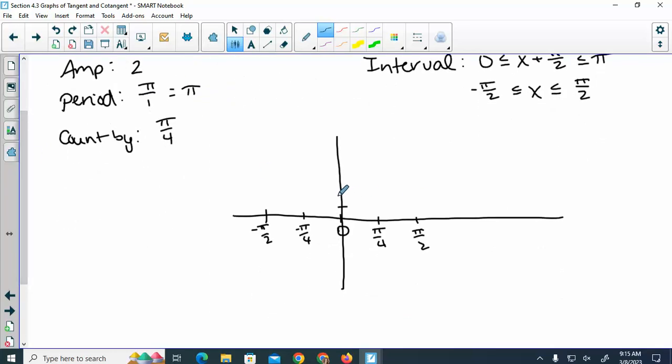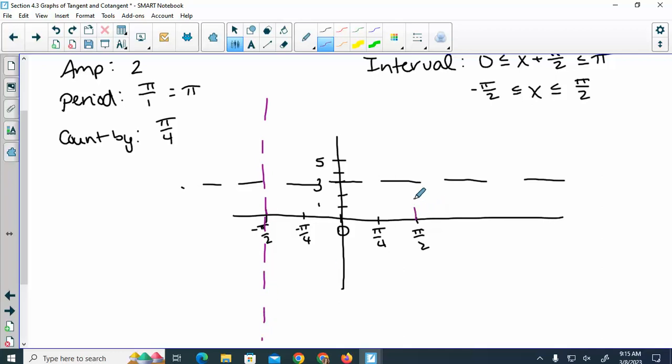So I'm going to go to positive 3. Draw in that dashed line to show my center. So we'll go 2 above that, which will take you to 5, and 2 below it will take you to 1. Okay, we pick this interval so that we can say both ends are asymptotes. And in the center, it hits 0, which is positive 3.